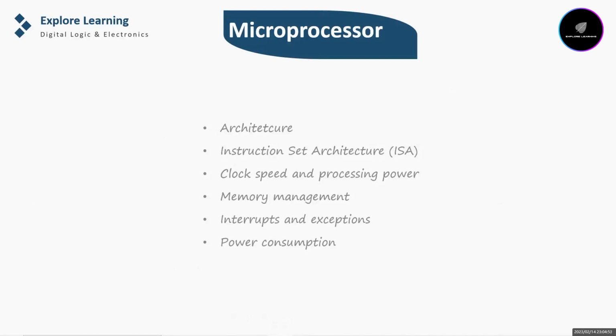It is responsible for executing instructions and performing arithmetic and logical operations. Now, these subtopics I will be talking about are architecture, instruction set architecture, which is the ISA, the clock speed and processing power, memory management, interrupts and exceptions, as well as power consumption.